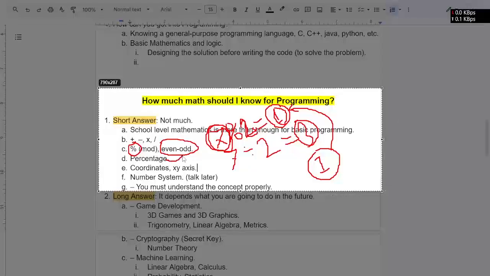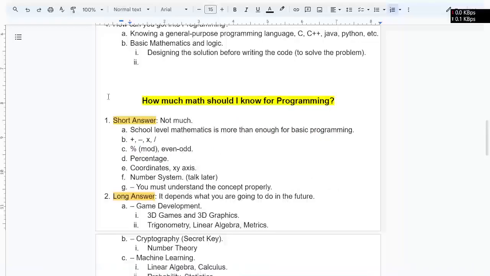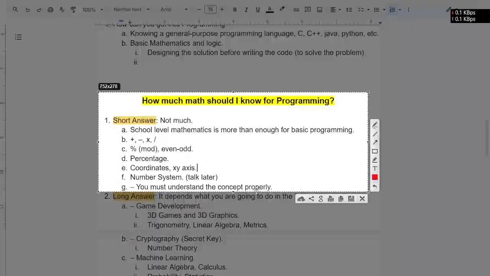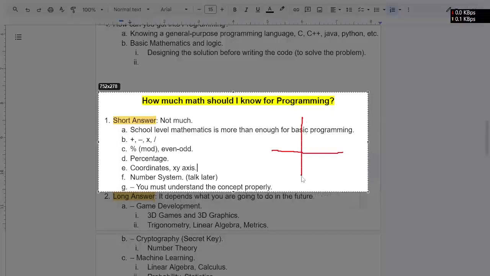Then we know about the percentage, and we know about coordinates, x-axis, y-axis. That means we have done some graphs with this.